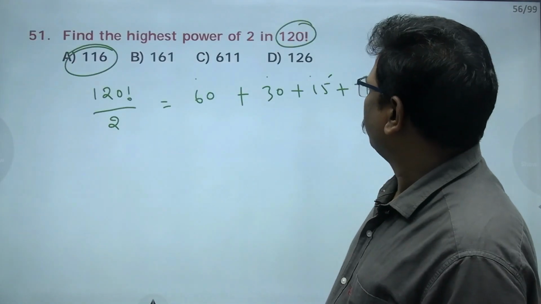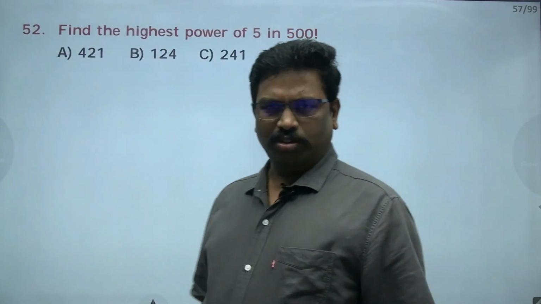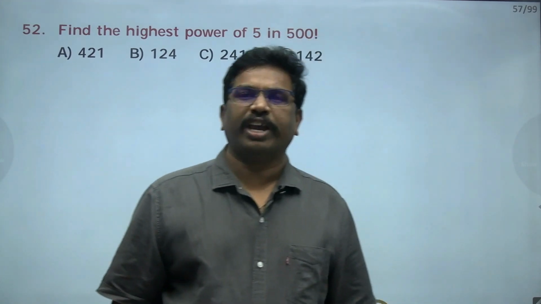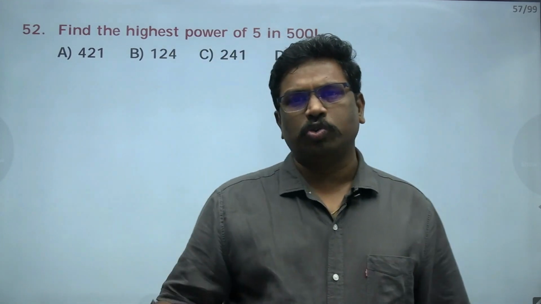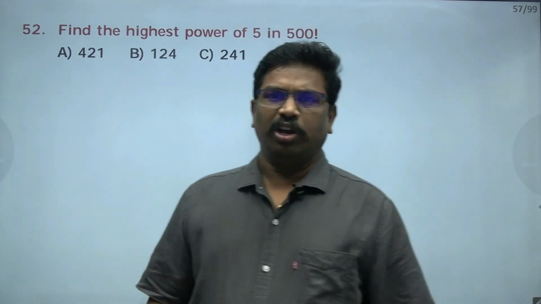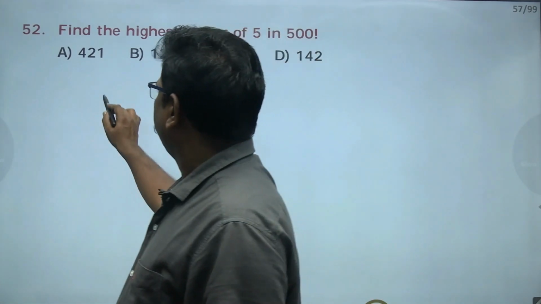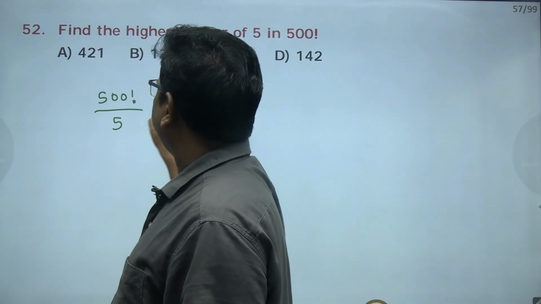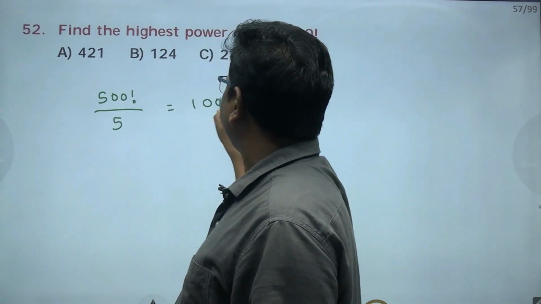Same way, now find the highest power of 5 in 500 factorial. That means you count how many 5s are there in 500 factorial. So 500 factorial divided by 5 is 100.